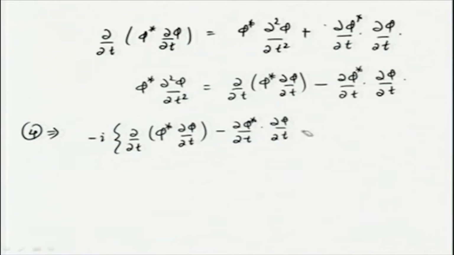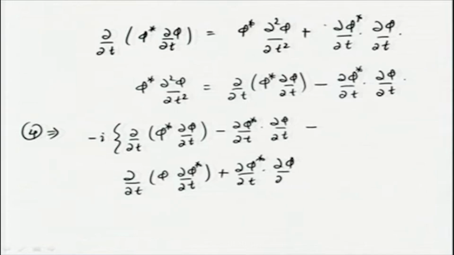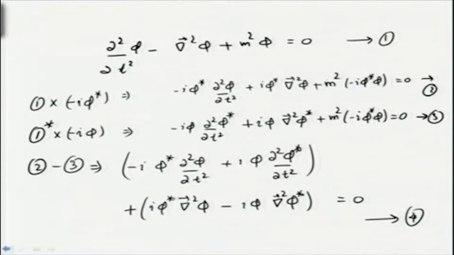So, there is a minus sign there because minus i is taken out, and we have again ∂phi/∂t ∂phi star/∂t, minus of minus, plus ∂phi star/∂t ∂phi/∂t. So, this is the first term in equation 4.